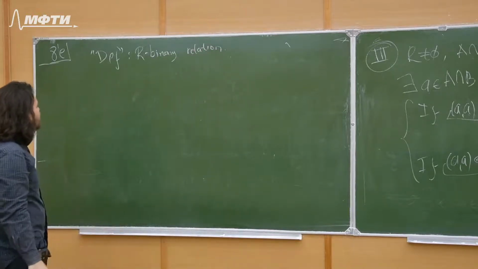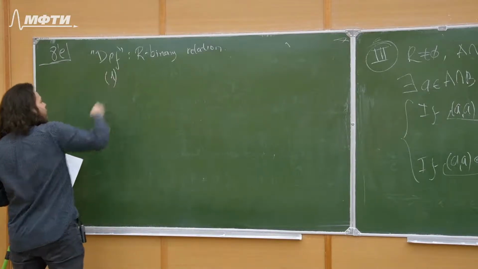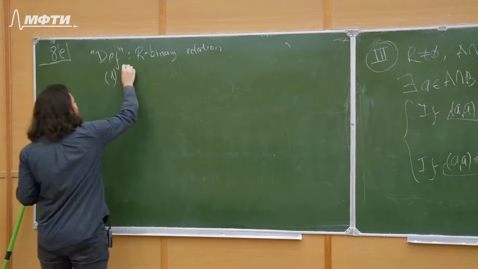We have 4 different ways to call these binary relations.